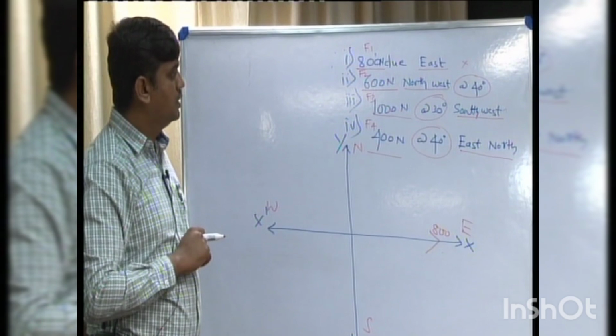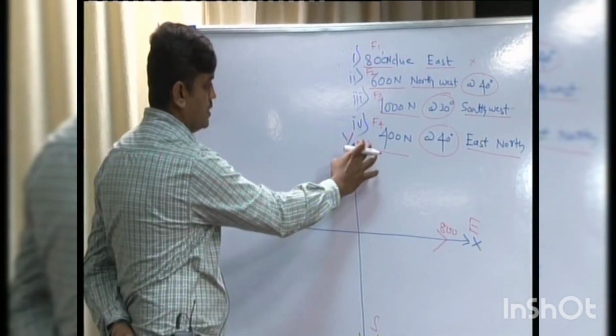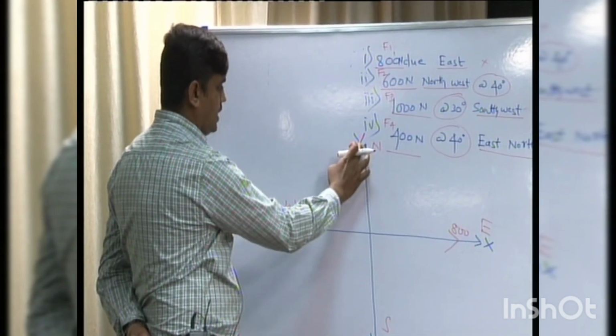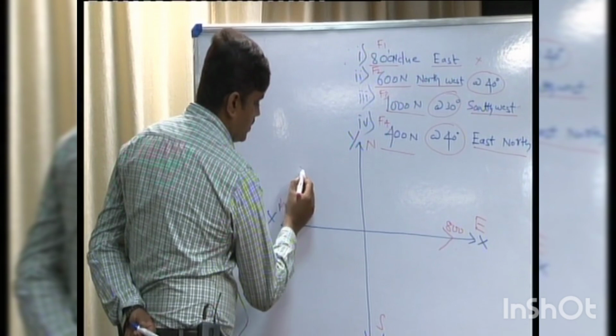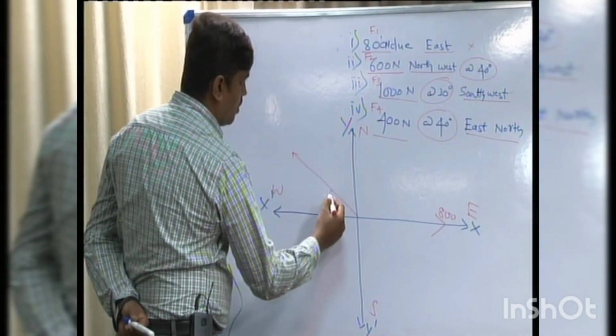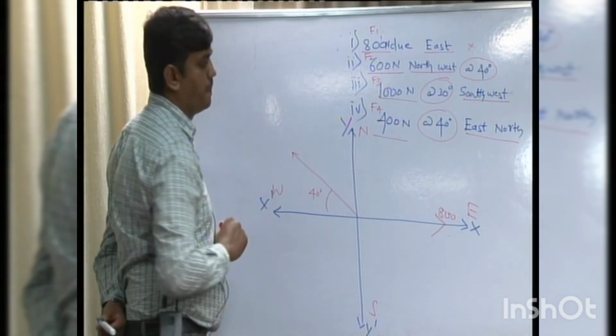Second one, 600 Newton northwest. Northwest means the quadrant is between y and x dash. We have to draw a force of 600 Newton making an angle of 40 degree.